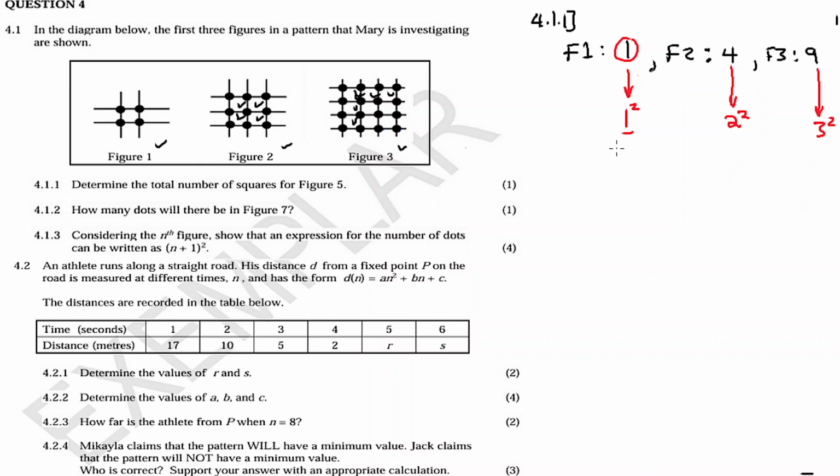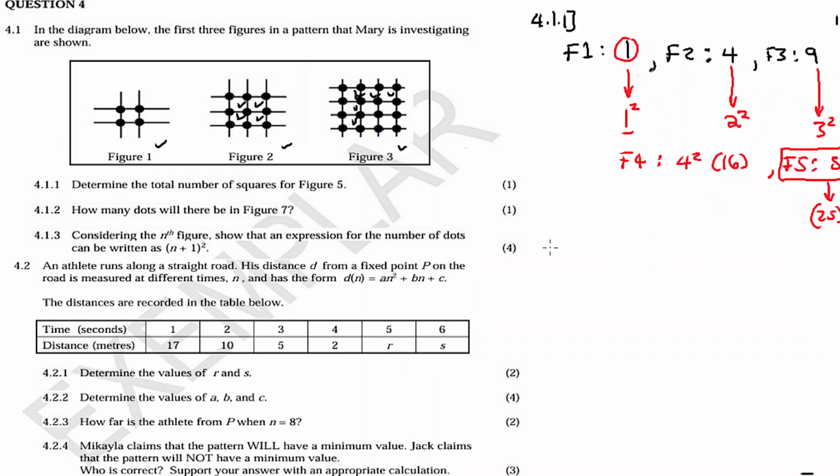For figure 4, we're just gonna have 4 raised to exponent 2, which is 16. Then figure number 5 is just gonna be 5 raised to exponent 2, which is 25. So the answer for figure 5 is 25. There will be 25 squares.